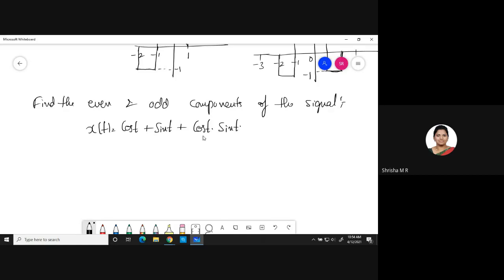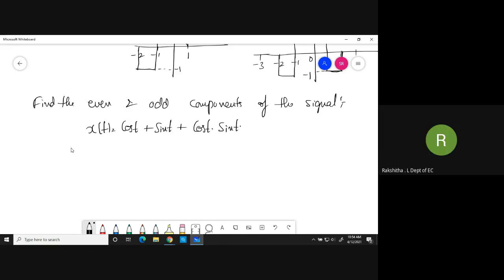How will you solve? This is an equation form. How will you find the even and odd components of this signal?